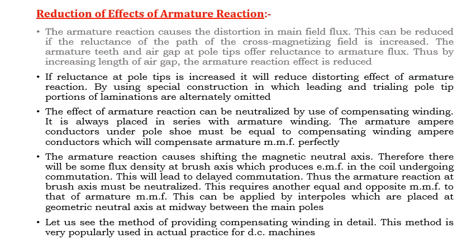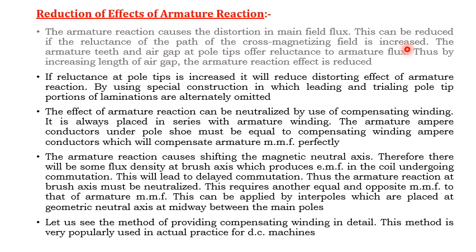Let us study the reduction of the effect of armature reaction. What methods are employed in order to reduce the armature reaction? You know the armature reaction causes distortion in the main field flux. Now this can be reduced if the reluctance of the path of the cross magnetizing field is increased. So how do we increase the reluctance of the path of the cross magnetizing field?